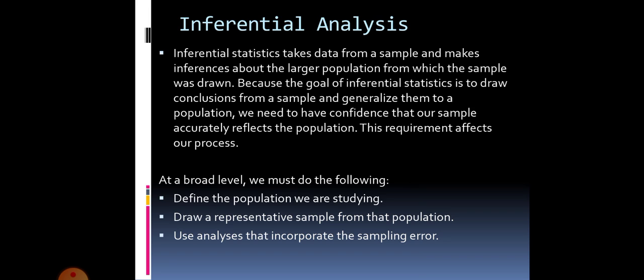of inferential statistics is to draw conclusions from a sample and generalize them to a population. We need to have confidence that our sample accurately reflects the population. This requirement affects our process. So if we have to make a conclusion, we first have to take a sample.